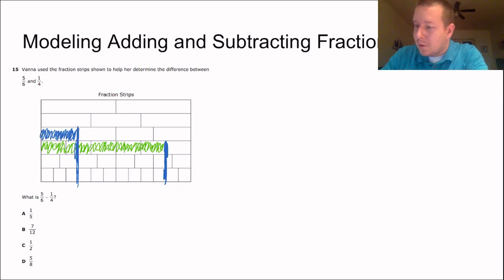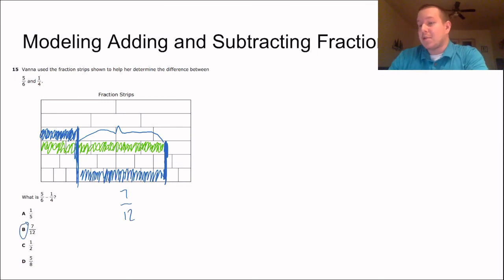And what we're left with is here. So if I shade in at the bottom, 1, 2, 3, 4, 5, 6, 7. These are the twelfths. So that would give me 7/12. And that would be our correct answer.